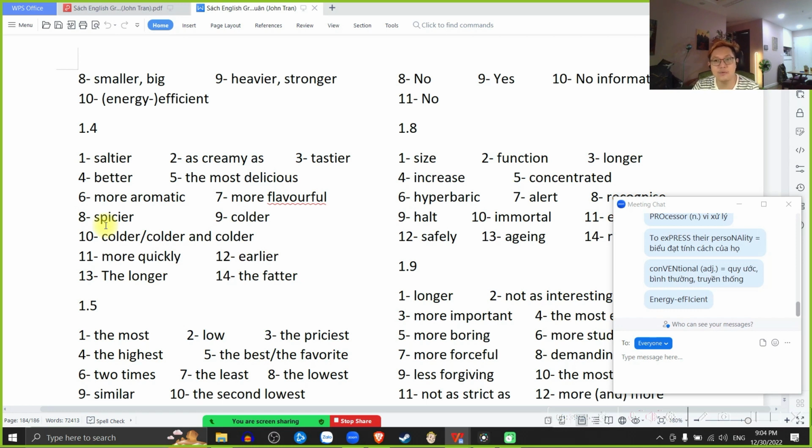Number 8 is spicier. Number 9, colder. C-O-L-D, cold. So we have colder. Okay, number 10, colder. Or you can say colder and colder if you want to emphasize. Muốn nhấn mạnh thì dùng chữ colder and colder đây.